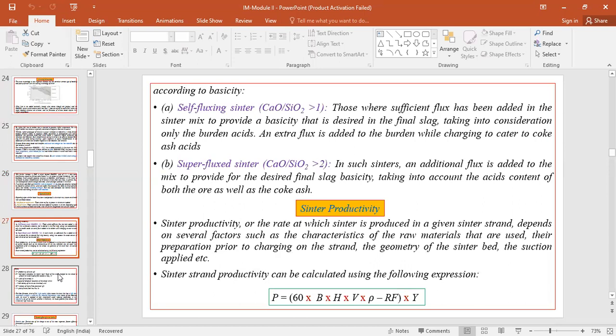Self-fluxed sinters means where the basicity is greater than 1, where sufficient flux has been added in the sinter mix to provide a basicity that is desirable in the final slag, taking into consideration the acidic oxides which are present only inside the sinter mix.